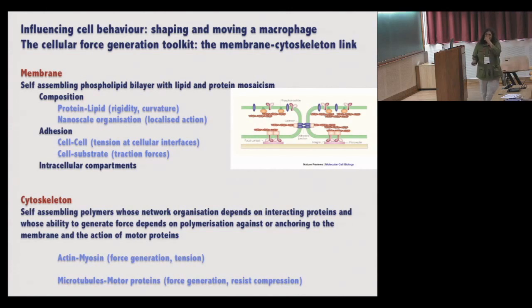I'll take you through this in a little detail, but not too much. So typically, we speak of two sets of cytoskeletal elements, the actomyosin system and the microtubule motor protein system. And while both of them are involved in generating force, the actomyosin system typically allows you to generate tension.